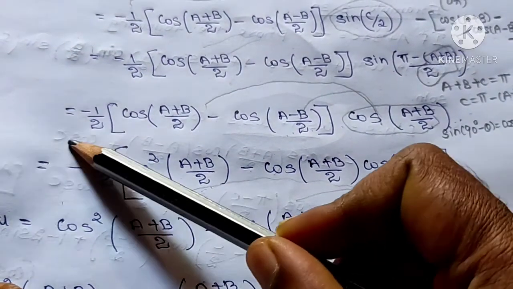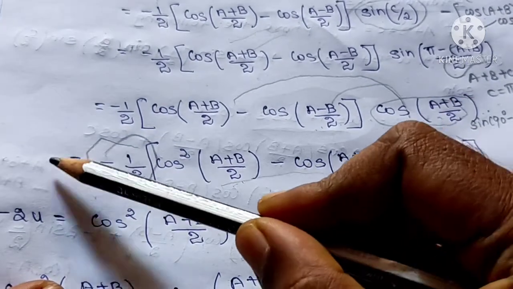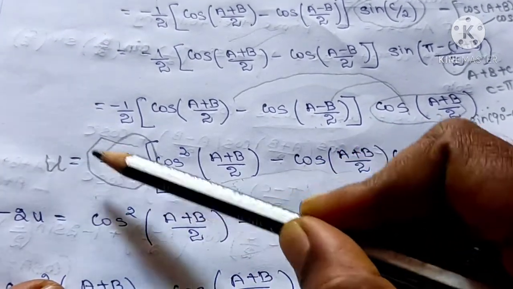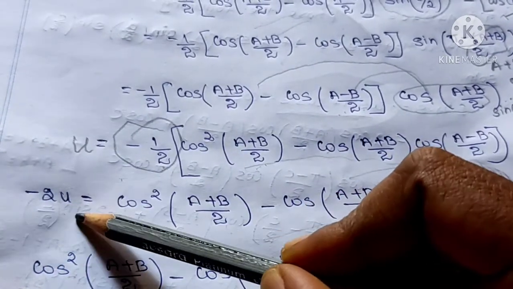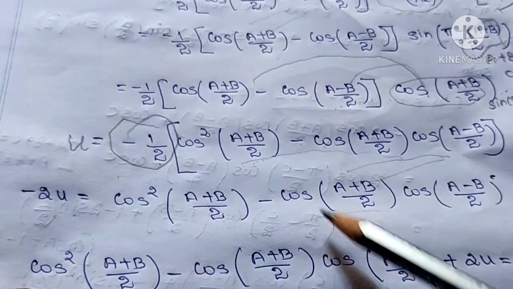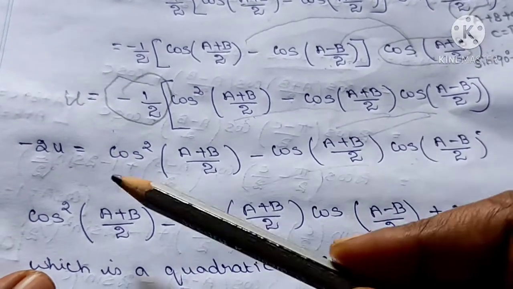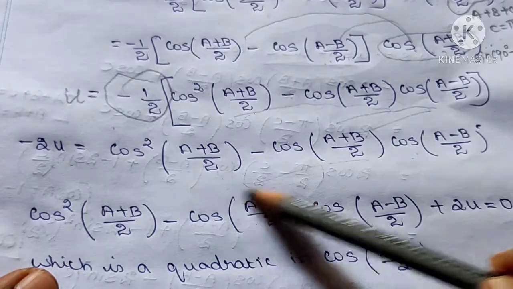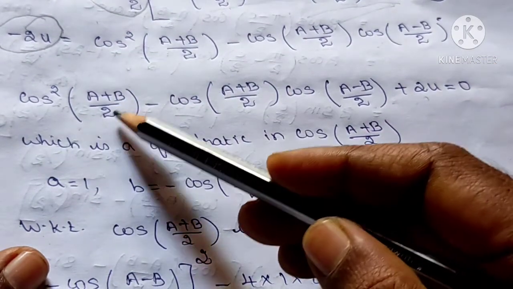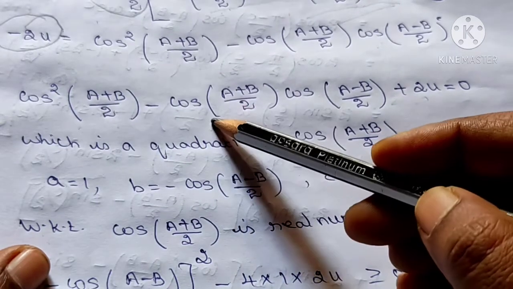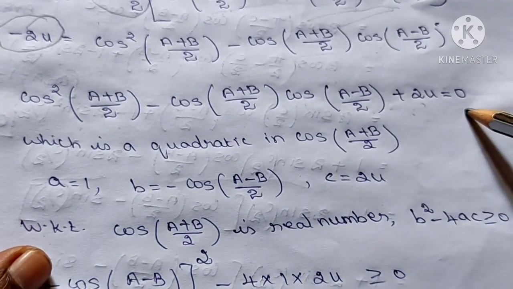We take this minus 1 by 2 into left side. Left side is already the term u, so we take minus 1 by 2 into left side, we get minus 2u. Okay, minus 2u, remaining terms you write it. Then rearrange the terms. We take minus 2u to the right side, we get cos square a plus b by 2 minus cos a plus b by 2 cos a minus b by 2 plus 2u is equal to 0.